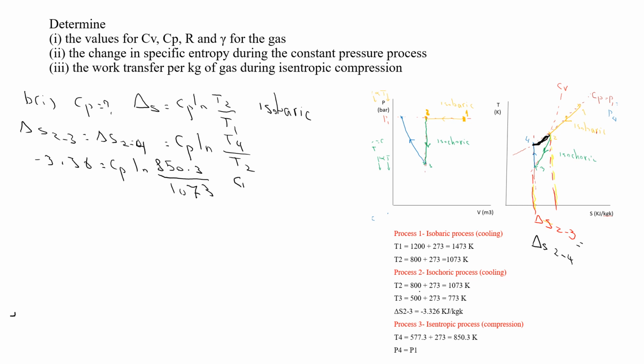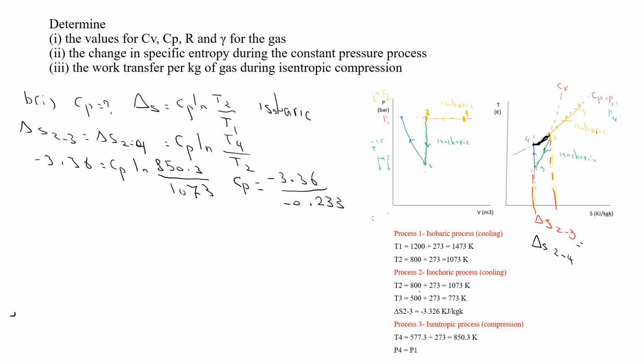So Cp is equal to minus 3.36, and that natural log is equal to minus 0.233.